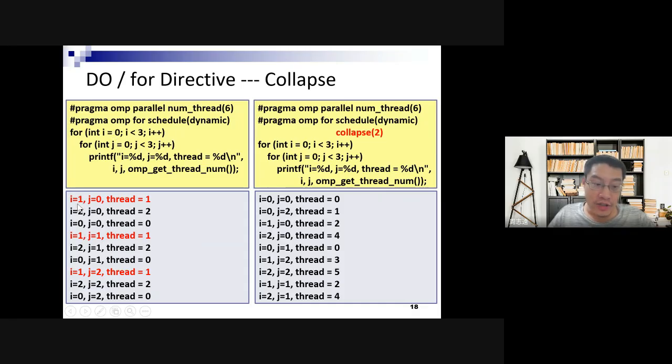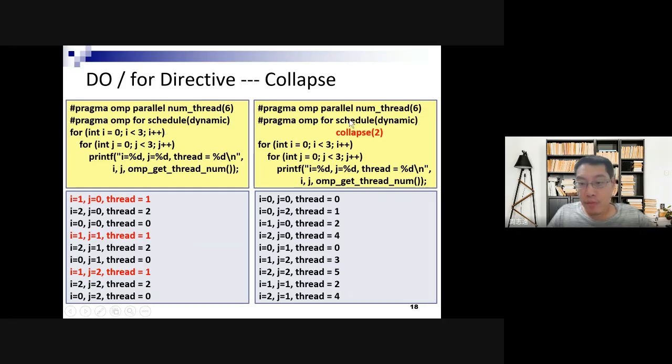Since you only have 0, 1, 2, it's only 3 iterations for i. Then even though you have 6 threads over here, only 3 of the threads are active, because this for loop can only be parallelized at this first level.